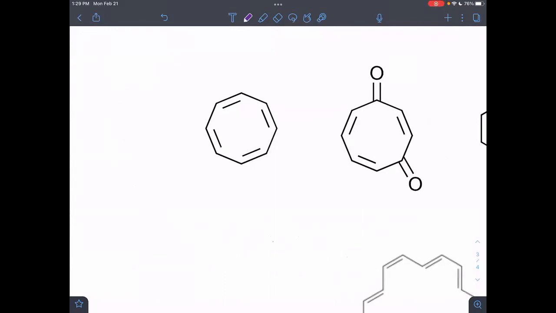Is it planar? So remember how the heteroatoms could choose to be sp2 or sp3? If you have a ring like an octagon, it can choose if it wants to be planar or not. So if it is aromatic, or if it has the possibility to be aromatic, it's going to choose to stay planar. If it's going to be anti-aromatic in the planar form, then it just bends. So for this molecule, in its planar form, is it aromatic or anti?